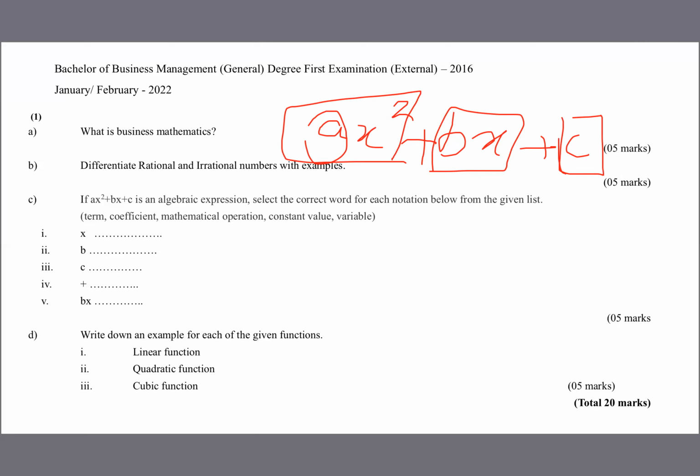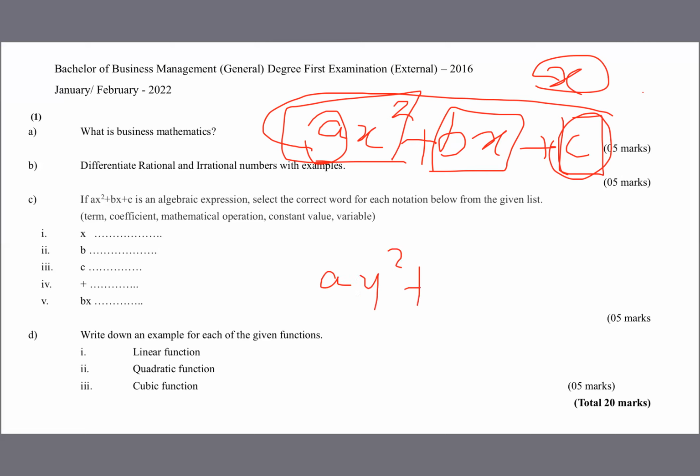Apart from that, this c is the constant term. Also in this expression, x is the variable, the unknown variable. If we write this one this way, a y squared plus by plus c, then y is the variable. And plus here is the mathematical operation. Okay, now we know everything.